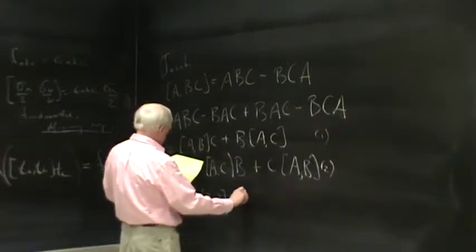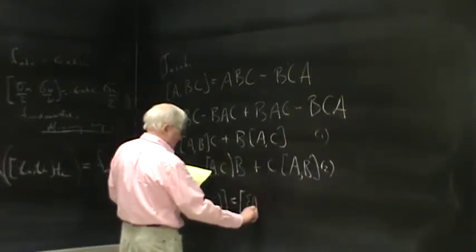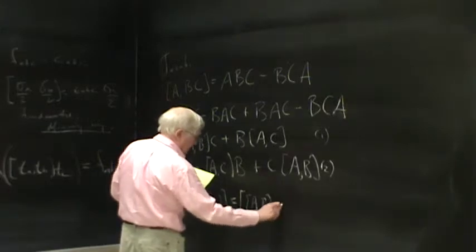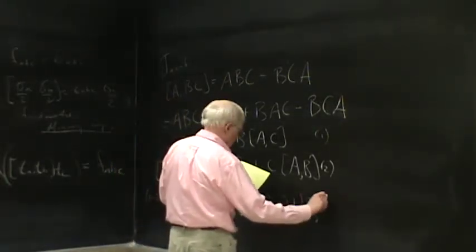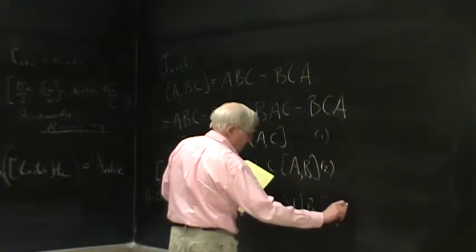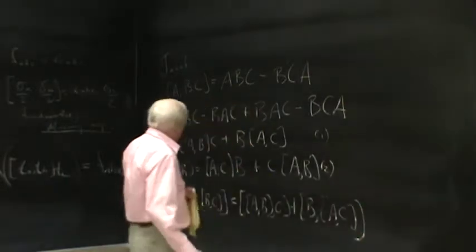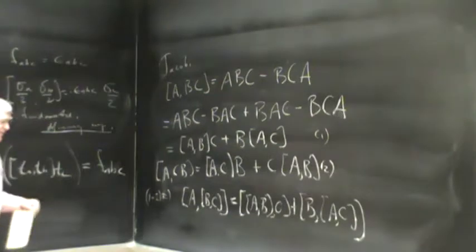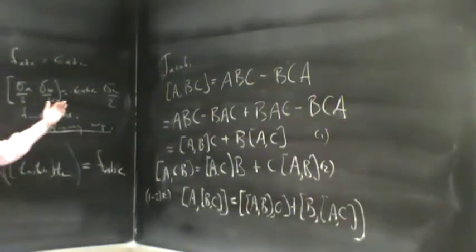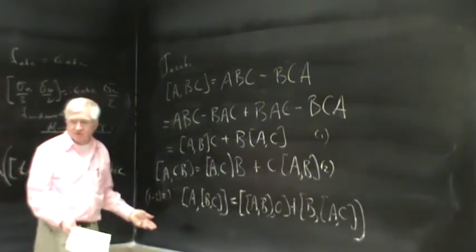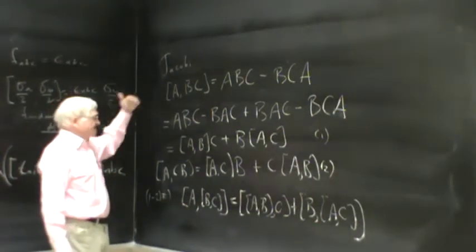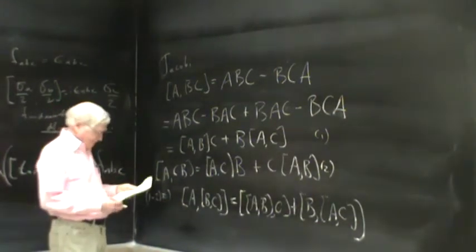So this is the commutator of AB with C, and then the other term is the commutator of B with the commutator of AC. So that's one form of the Jacobi identity, and in a sense it's the only form because they're all equivalent to that. But that's the one that falls out neatly.